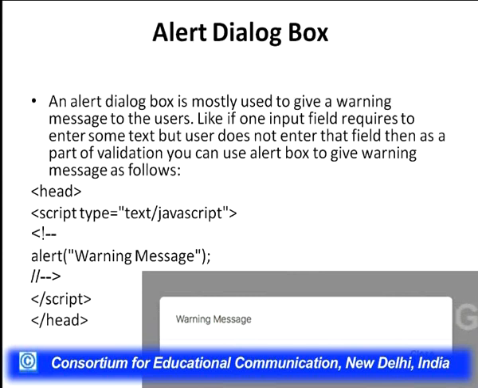So you can see here how this has been specified. In the head portion of the page you can specify the script, and in the script I have simply written alert, and in the parentheses I have written the message, whatever message you want in the alert box. Basically alert is a method of the window object.